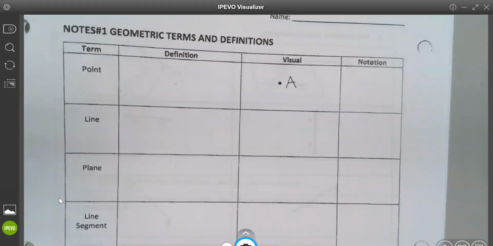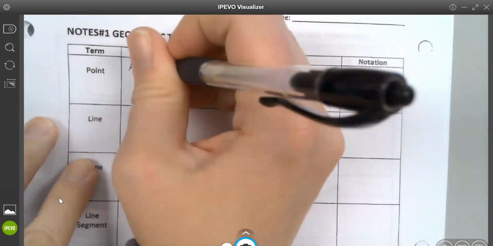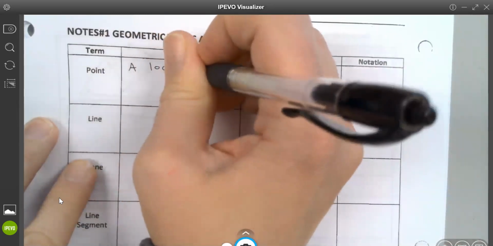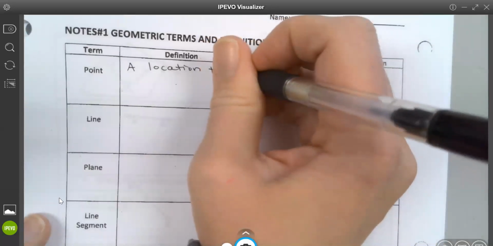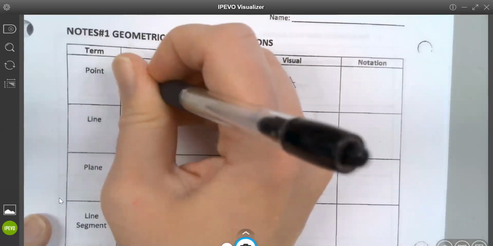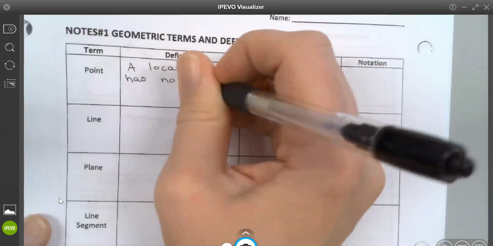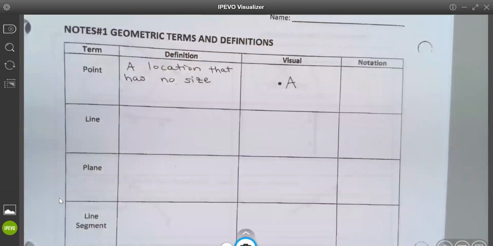Now, what we need to understand is that a point is a location, maybe on the coordinate plane or whatever, but it has no size, shown with a dot.